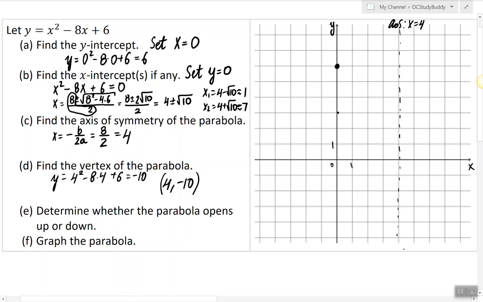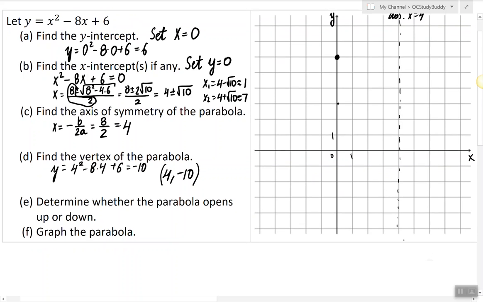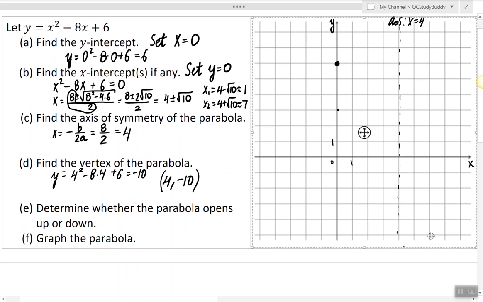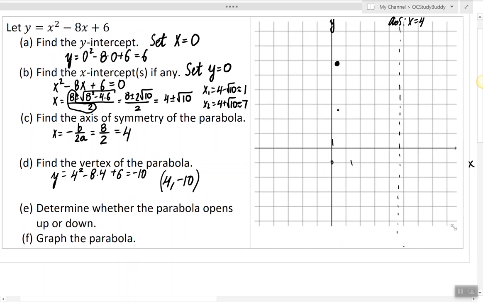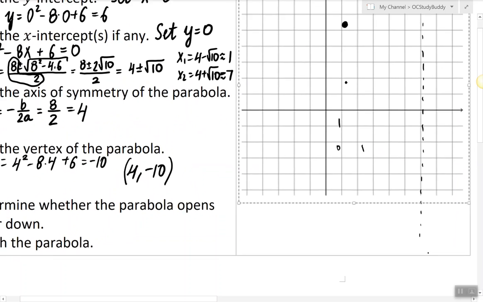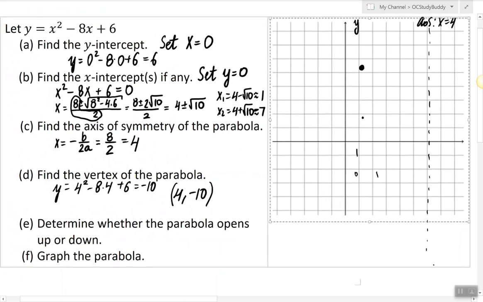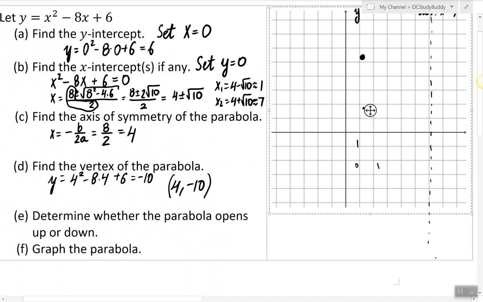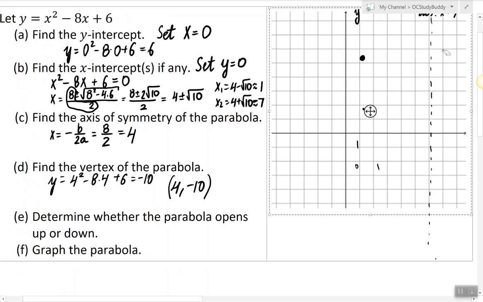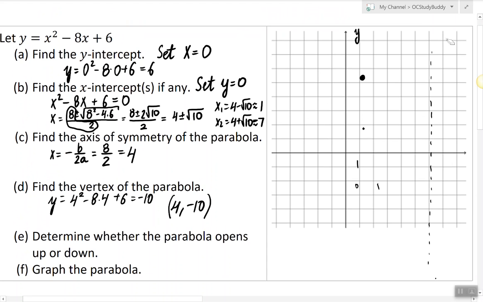So let's find negative 10. I would have to scroll down quite a bit to find the negative 10 here, but let me just change the scale. And let me redraw the axis of symmetry.